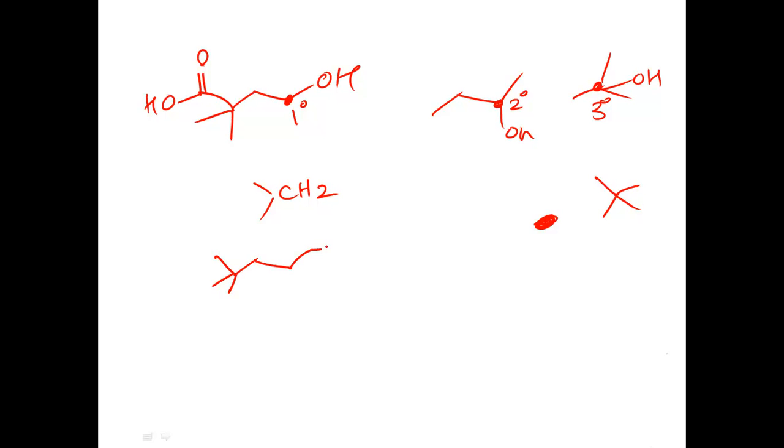I just had one alcohol that I drew before. I will start numbering at this carbon, go this way, and find the longest chain. Then for the side chain, I put but for that.